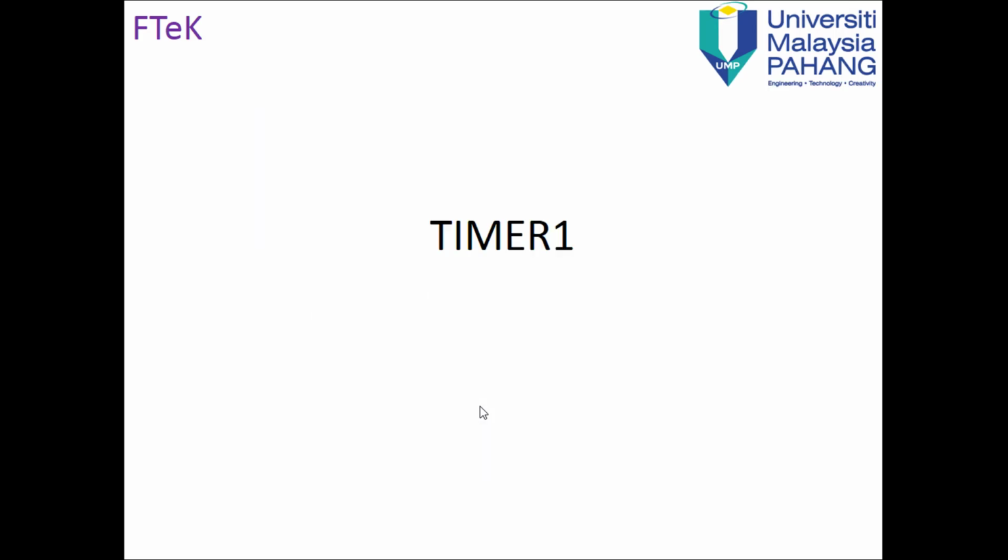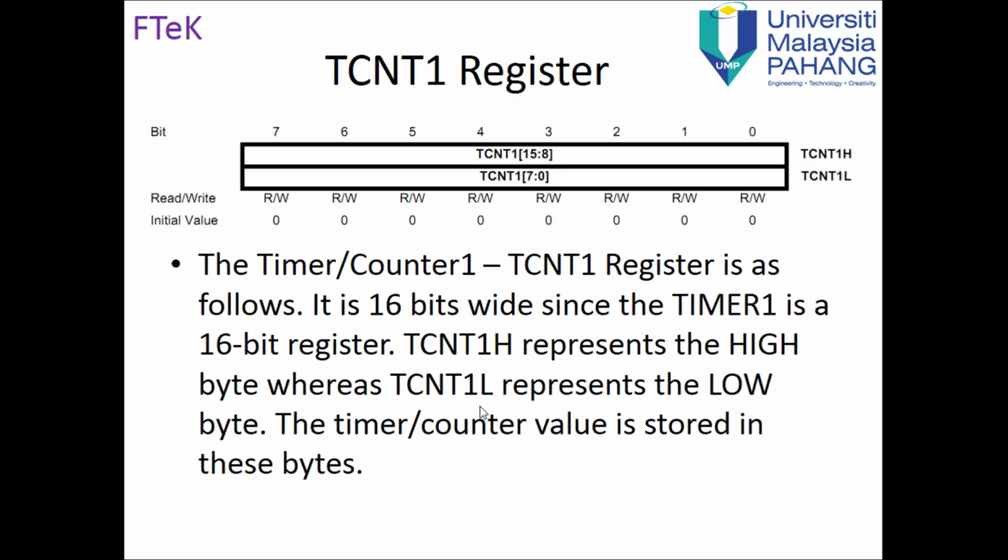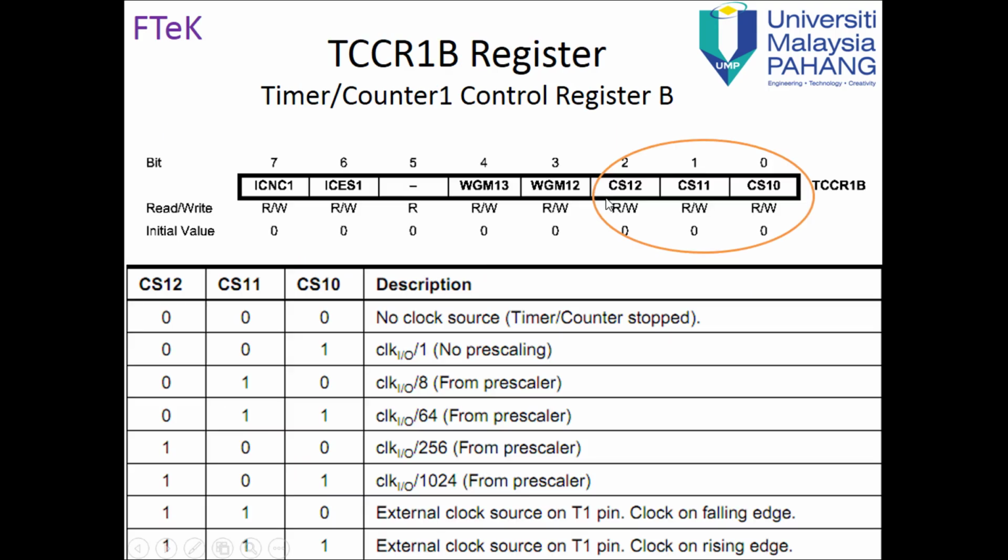Timer 1 similarly has 2 registers also. The counter value is stored in TCNT1. As you see, it's 16 bits, so actually we have TCNT1H and TCNT1L. It also has TCCR1, with A and B. For example, we will use B because B has the prescaling definition, so it's very similar to timer 0.